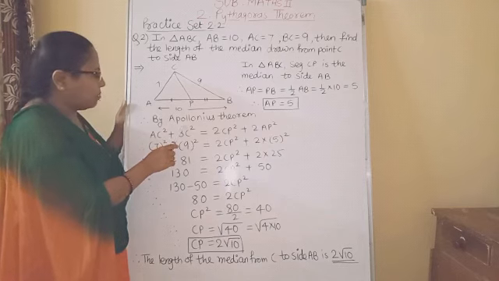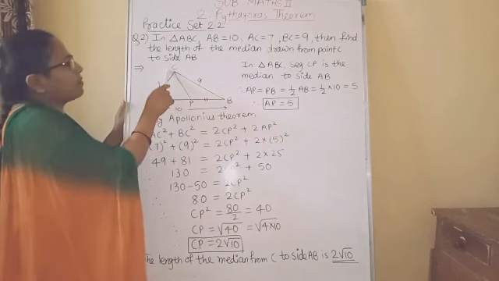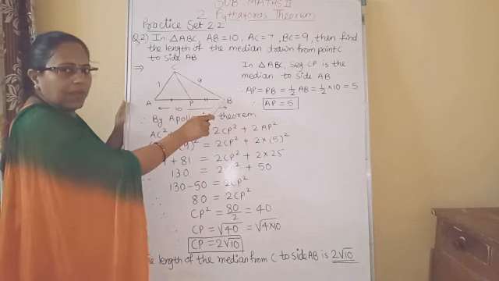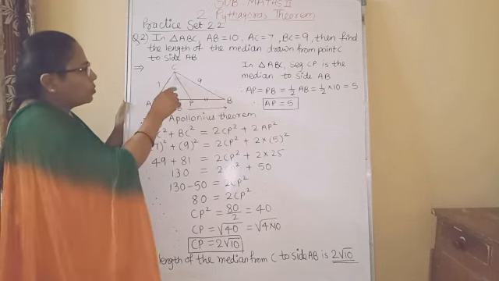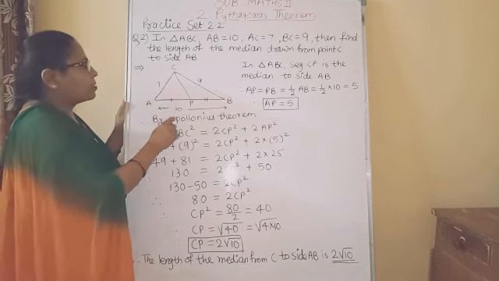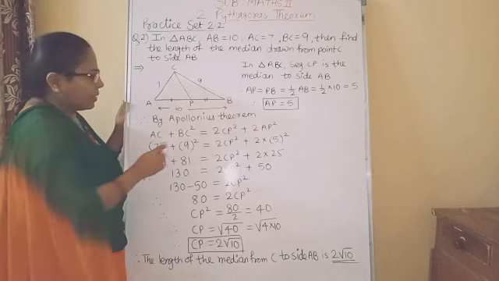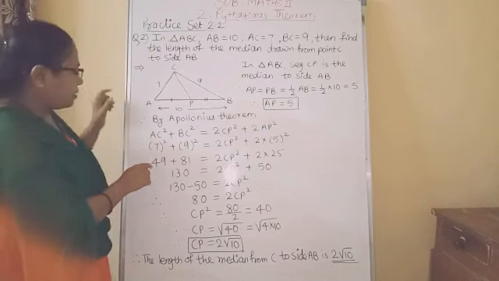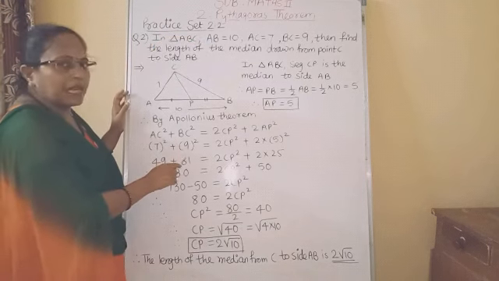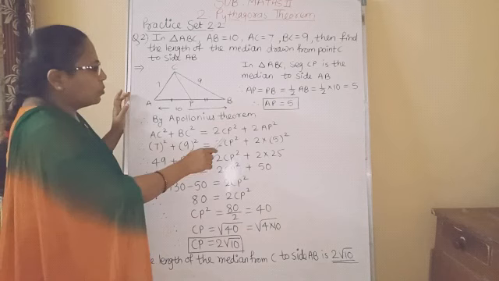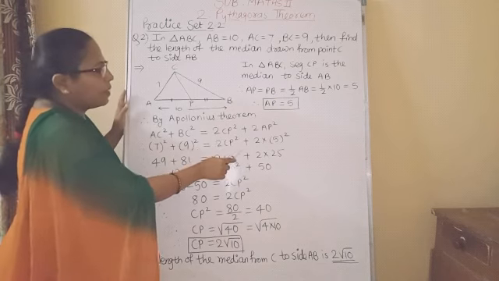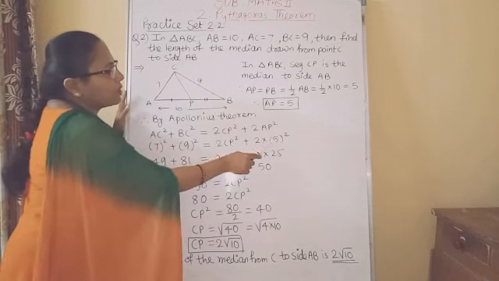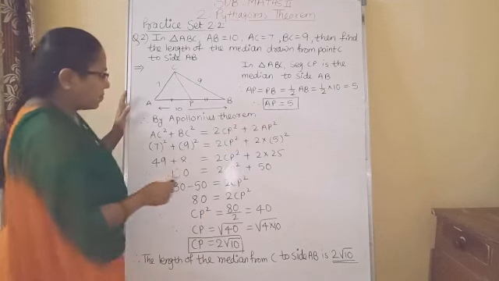According to that theorem, we will get AC square plus BC square equal to 2CP square plus 2AP square. Substitute values. Values are given in the question. 7 square plus 9 square equal to 2CP square plus 2 into AP square, AP equal to 5.